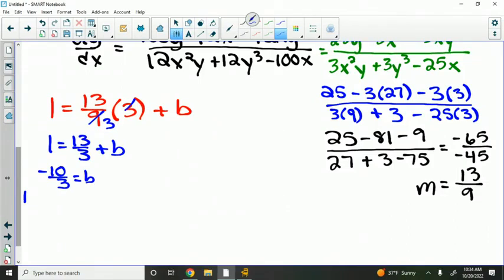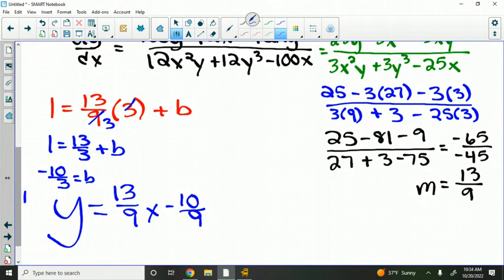There's our b. Final step. Put your m and your b in. And that's what they want for their answer. Look at all that number sense we get to practice. Oh, thirds. I just saw it.